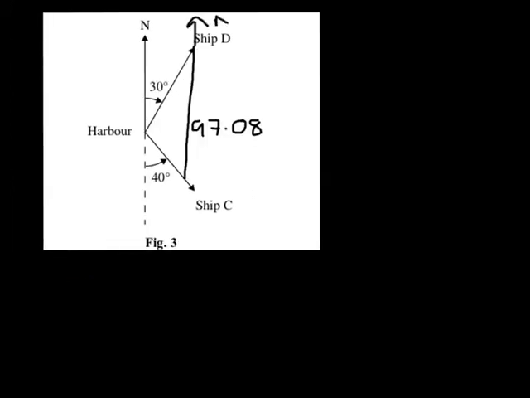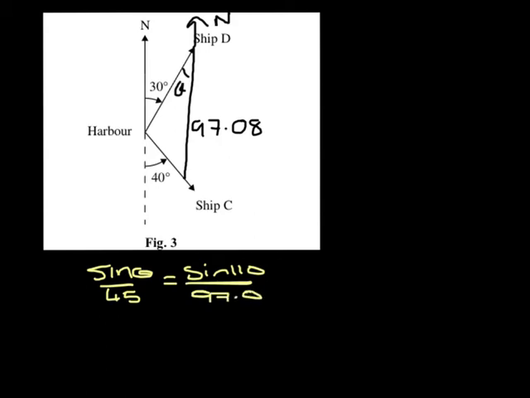So if I draw in a north line, I'm going to work out this small angle in here. I'm going to use the sine rule. So the sine of theta over 45 has to equal the sine of 110 over my 97.08. So sine theta is 45 times sine 110 over 97.08.